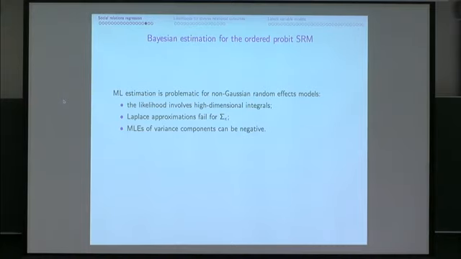So maximum likelihood estimation is really problematic for some non-Gaussian random effects models. So for example, I showed you that random effects model, the social relations regression model. You can actually, with quite a bit of work, encode that in, for example, the NLME package or LME4 package that has been developed extensively by Doug Bates and others. But it just barfs.